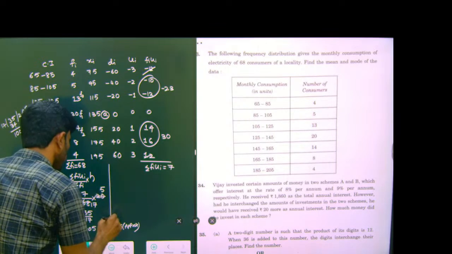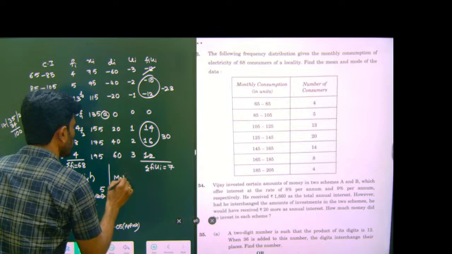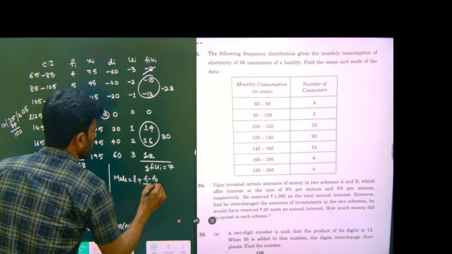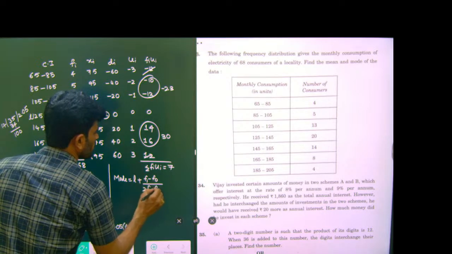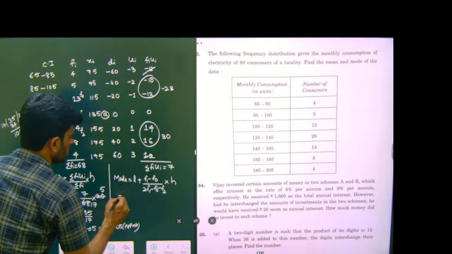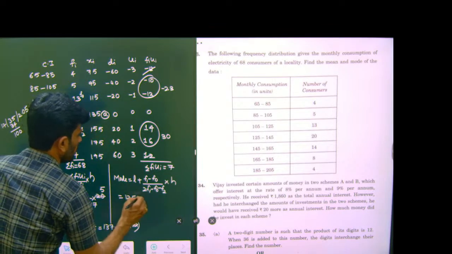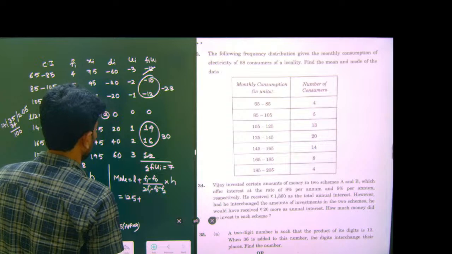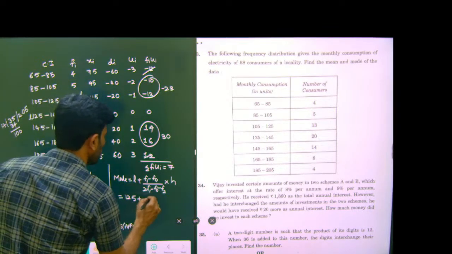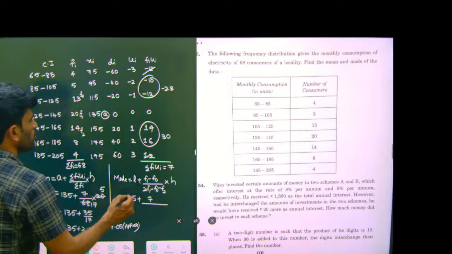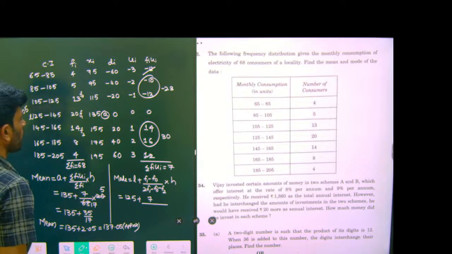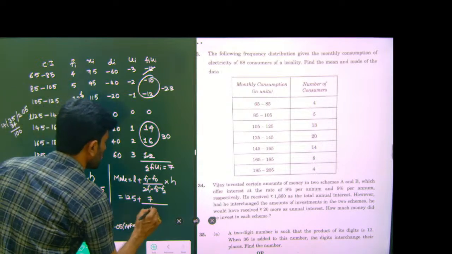Then we write the formula here. Mode is equal to l plus f1 minus f0 by 2f1 minus f0 minus f2 into h. So l is 125 plus f1 minus f0, 20 minus 13, 7, by 2 into f1, 2 into 20 is 40, minus 13 minus 14, which is 27. 40 minus 27 is 13, into 20.